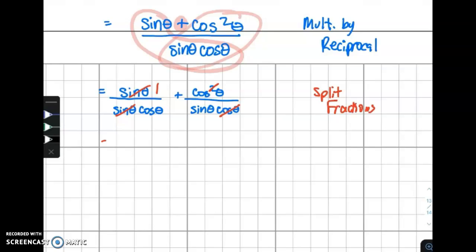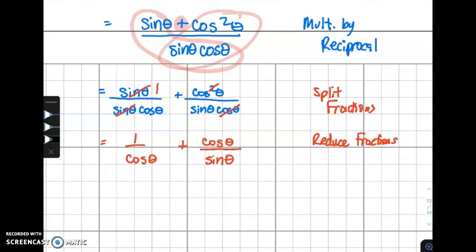Now I have 1 over cosine plus cosine over sine. And I did that by reducing my fractions. Or you could say, for your reason, we canceled sine and we canceled cosine. Then try to get to your end.